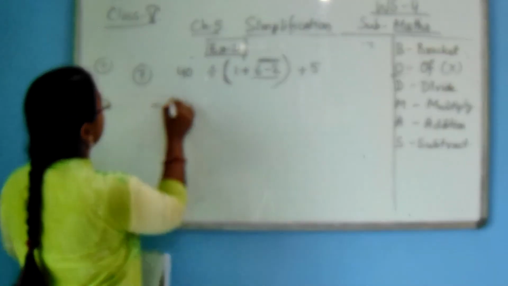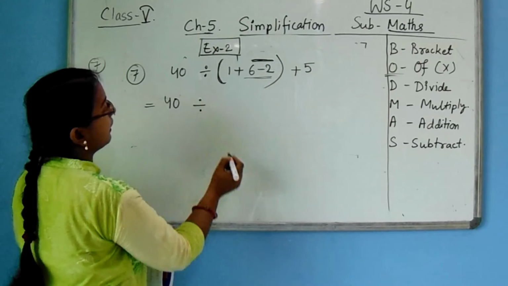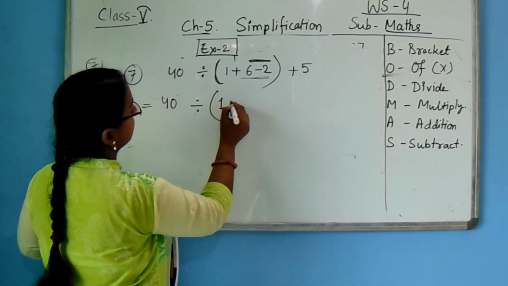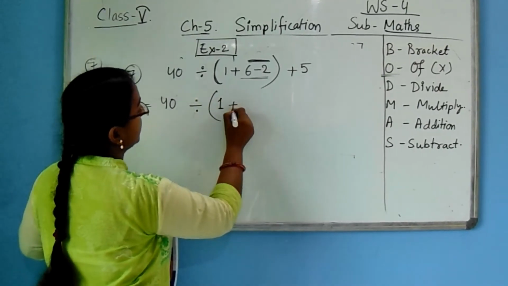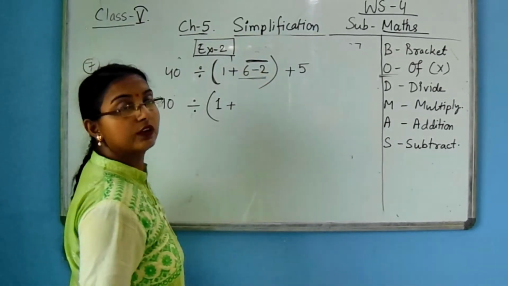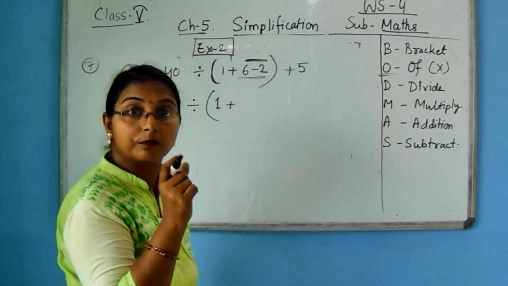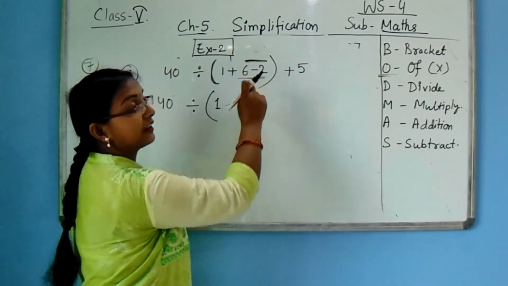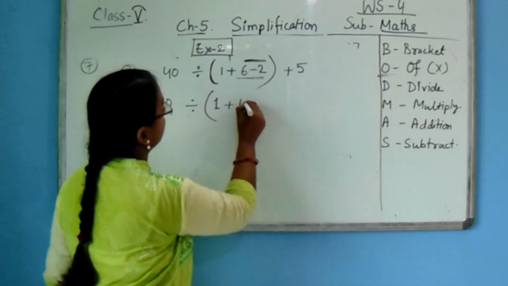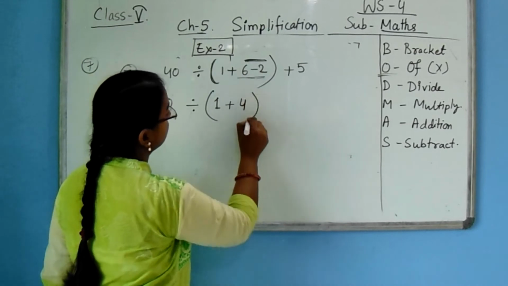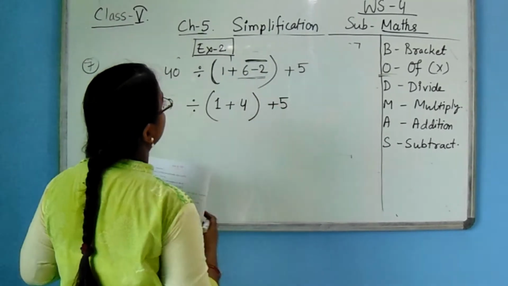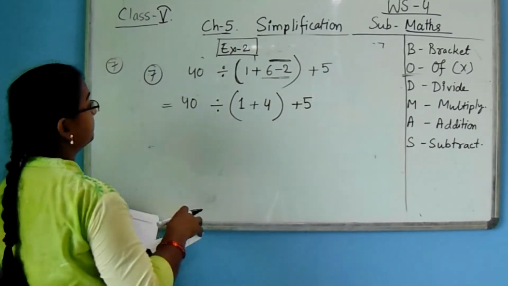That means it can be written as 40 divided by 1 plus 6 minus 2. Here it is overlined, so we will do the process of subtraction first. It will give plus 4. That means 5 plus 5 is given here.